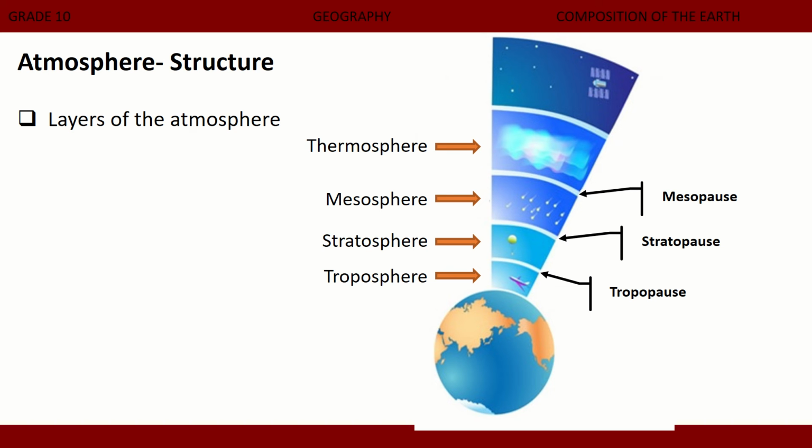In between stratosphere and troposphere, we can see tropopause, and in between mesosphere and stratosphere, we can see stratopause, while in between mesosphere and thermosphere, we can see mesopause.